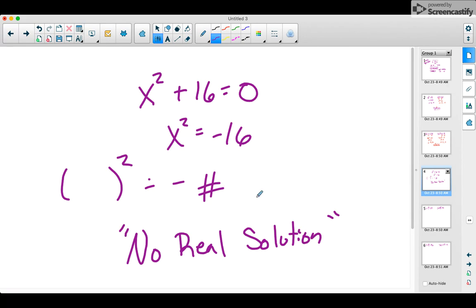In order to get a negative number, you would need to multiply a positive and a negative number together. You can't do that in a square root because we need two of the exact same numbers, so this isn't even an option. So we have no real solution if I have something squared equals a negative number. Now, eventually, sometime next week, we'll talk about those imaginary numbers, and then those will kind of deal with this whole situation.